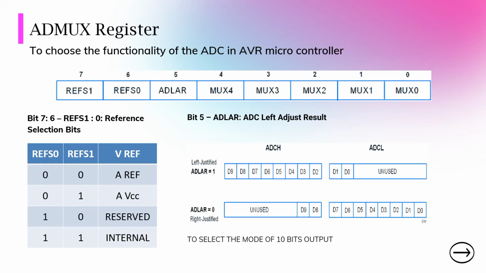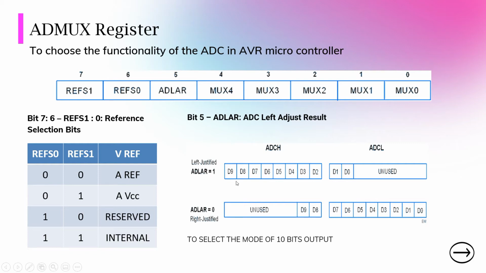And also the ADLAR bit is used to set whether the data is stored in a left justified manner or in a right justified manner.